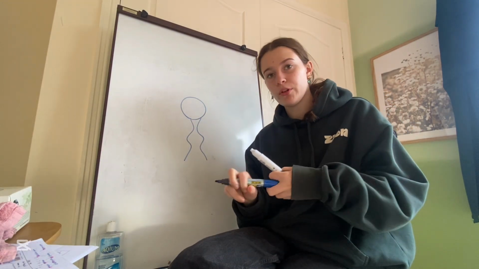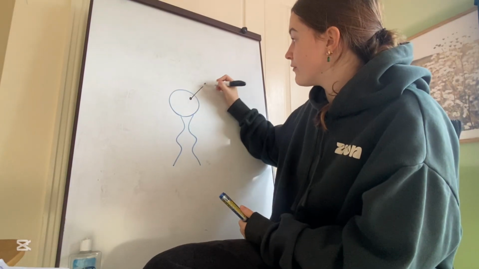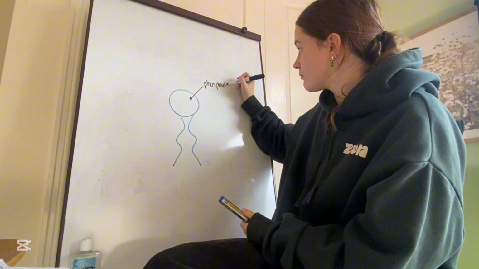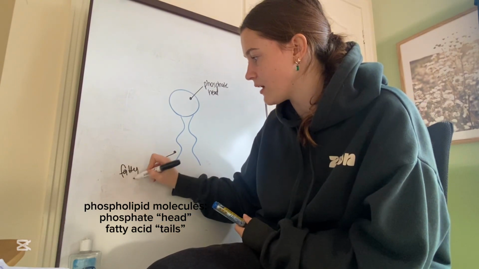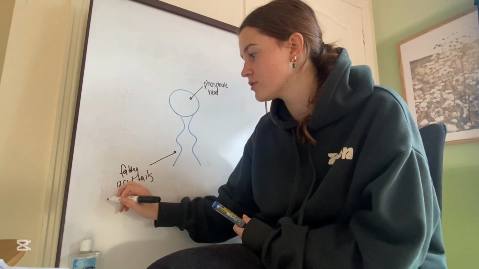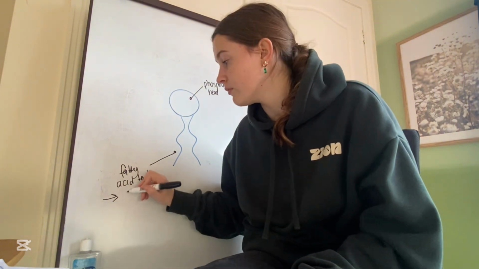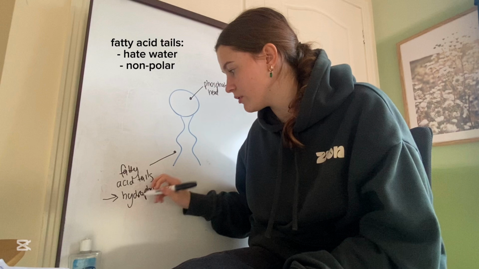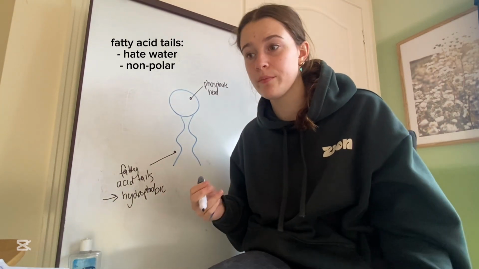This is a phospholipid molecule. This is a phosphate head, and these are fatty acid tails. So these fatty acid tails, they hate water, right? They are hydrophobic. If you think of hydro as water, hydrophobic is like you're scared of, you hate water.